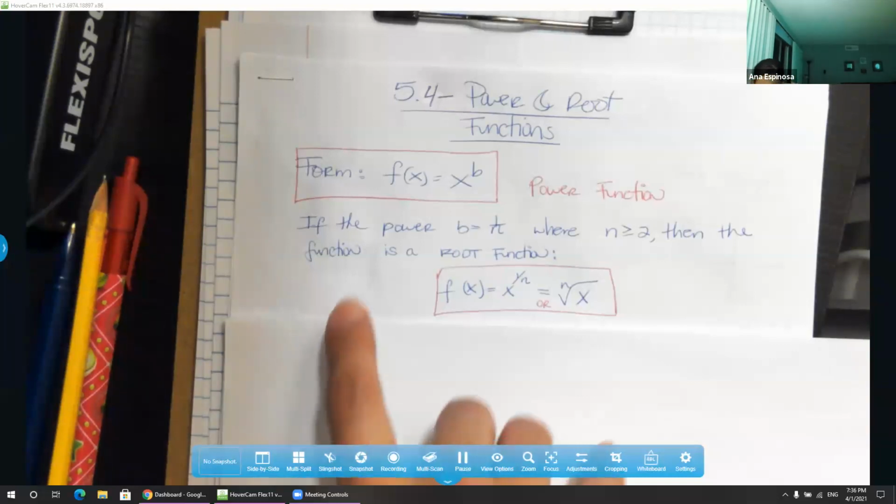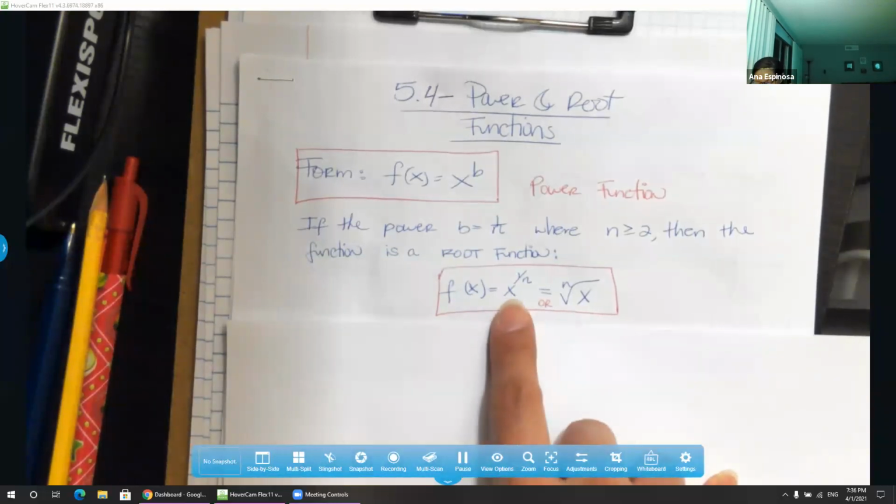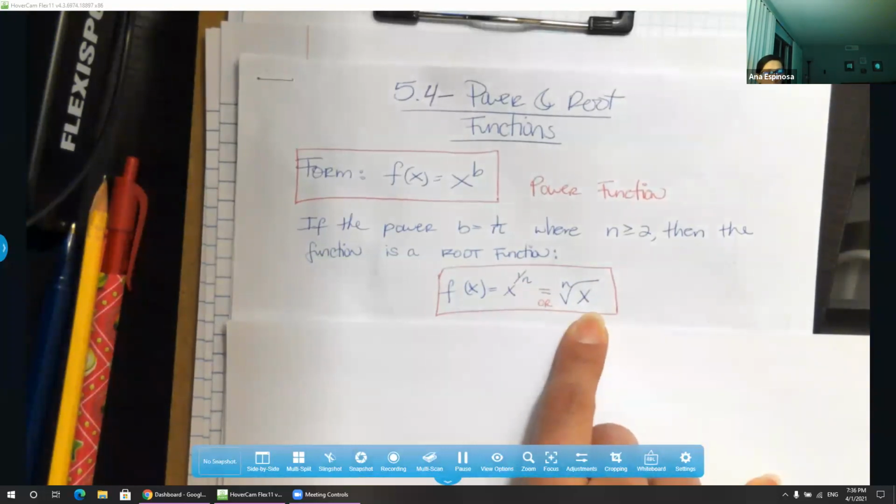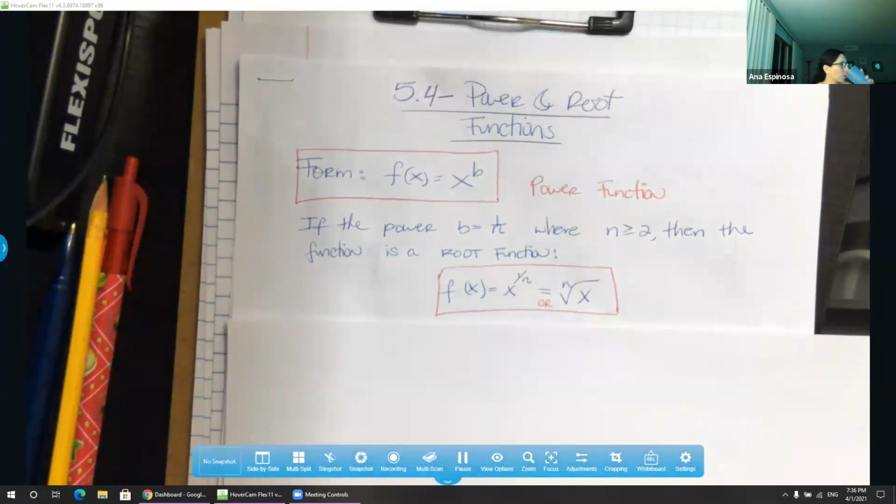So you will have something like this, x to the 1 over n. It's useful using both. However, for doing it by hand and understanding what's going on, the radical one will be used more often.